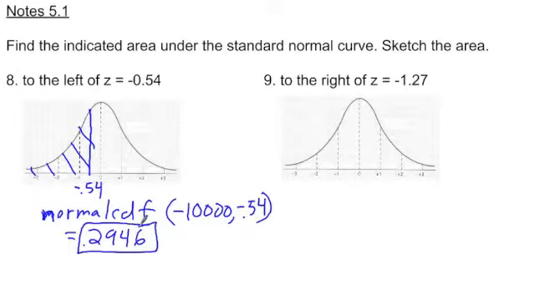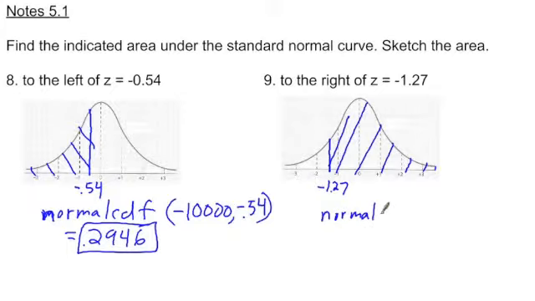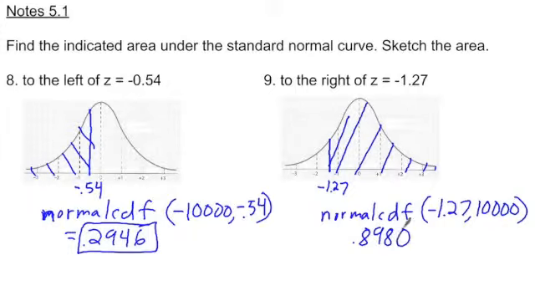Over here in number 9, we want to the right of the z-score negative 1.27. Looking to the right this time, so we want normal CDF negative 1.27 comma 10,000, and this equals 0.8980.